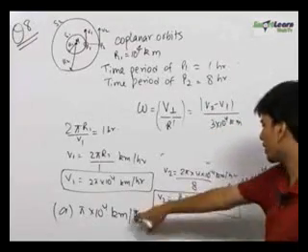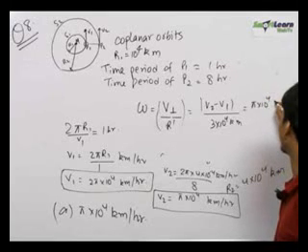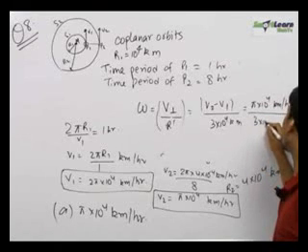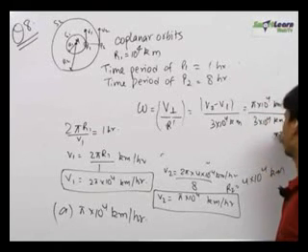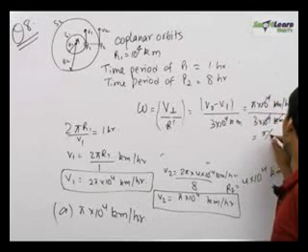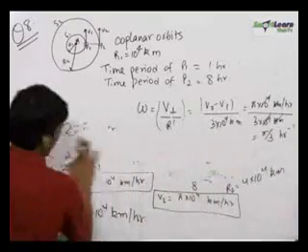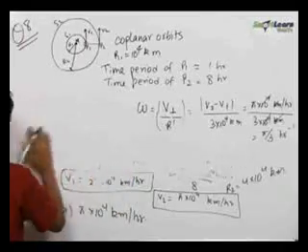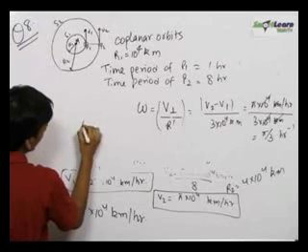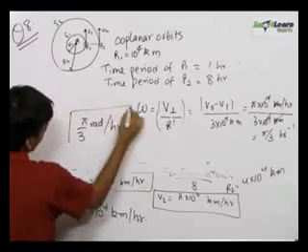We substitute the value of V2 minus V1 to get pi into 10 raised to 4 kilometers per hour upon 3 into 10 raised to 4 kilometers to get the answer as pi by 3 per hour. Therefore, the final answer for the angular velocity of P2 as observed by an observer in P1 becomes equal to pi by 3 radians per hour.